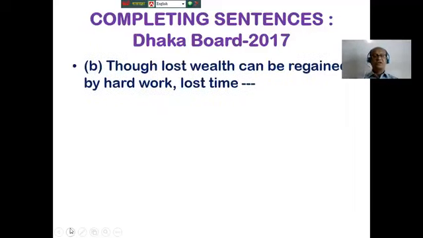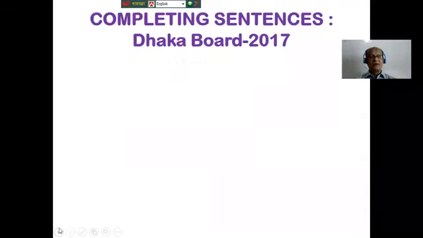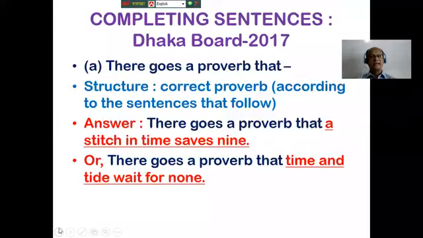Though lost wealth can be regained by hard work, lost time. So this second sentence indicates that we have to deal with time. This is why I have already mentioned the proverb on the previous page. Okay, there are many proverbs based on time. At least you can name 4 proverbs. A stitch in time saves nine.